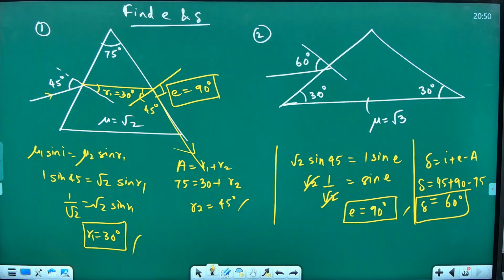Can I erase the board? Has anybody got the answer for the second question? The second question is a really good question.